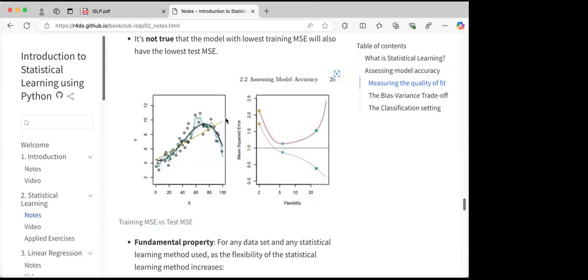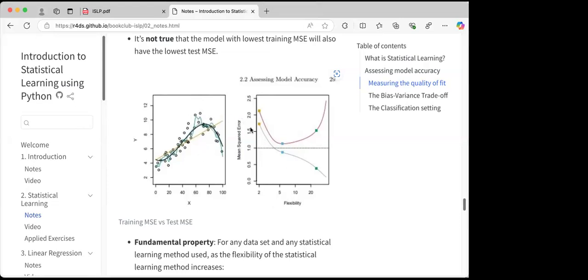The orange curve uses a linear model to estimate F, whilst the blue and the green curves use some non-linear techniques like splines. Later, in the subsequent chapters, we will discuss that. But they use spline techniques, which are non-linear techniques, to fit the data.